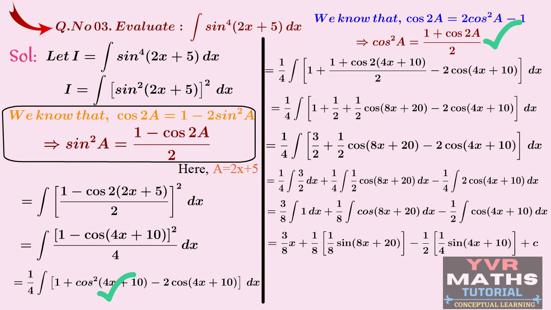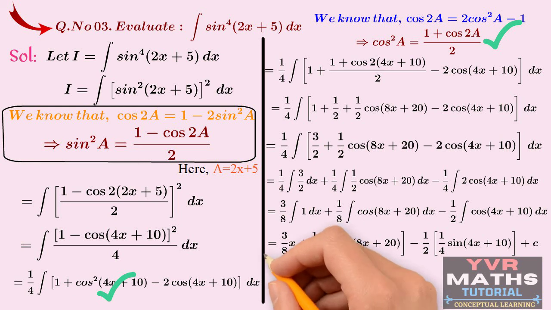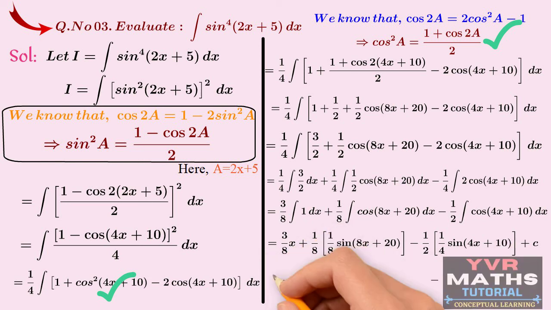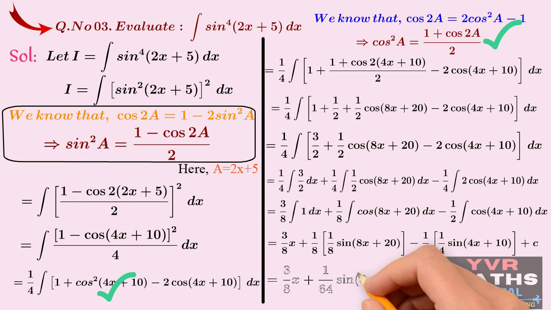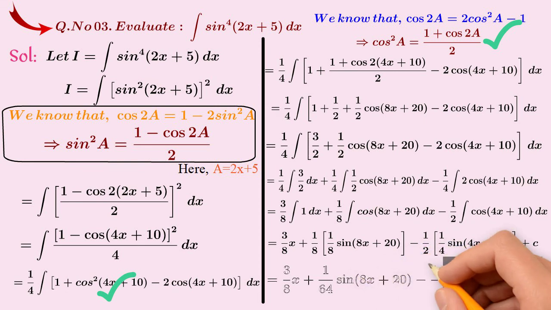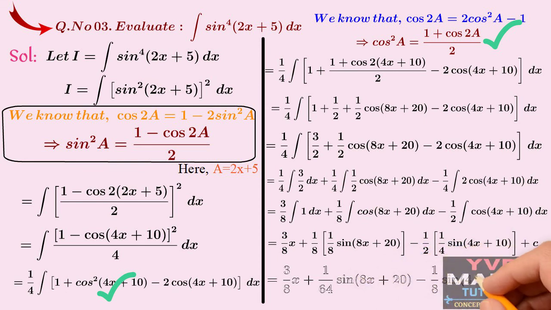So here I just applied the integral cos of ax plus b dx formula. If we simplify the terms, then what we will get in the next step? See here, 3 by 8x plus 1 by 64 into sine of 8x plus 20 minus 1 by 8 into sine of 4x plus 10 plus c. Here c is the integral constant. So this is the final answer for the given question.